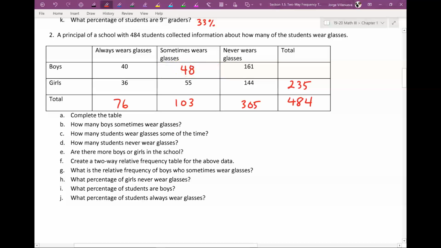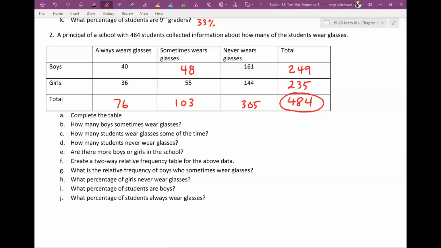Okay, and now I can figure out the total number of boys by adding 40 plus 48 plus 161, which comes out to 249. Okay, now remember, this number is key because that's what you're going to be dividing everything by. Okay, but you want to make sure that it adds up correctly.